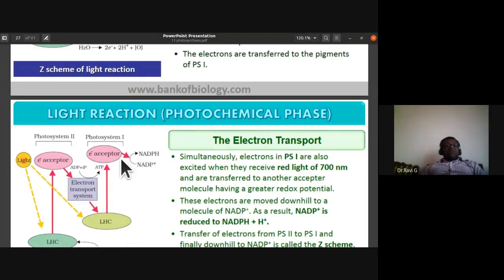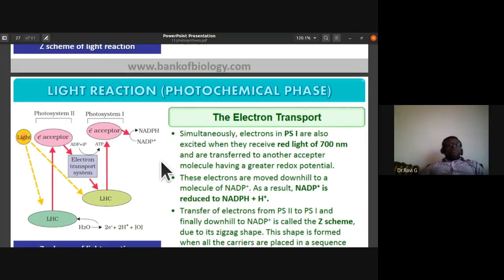These electrons are moved downhill to a molecule of NADP plus. As a result, NADP plus is reduced to NADPH plus H plus, that is NADPH2. The transfer of electrons from photosystem 2 to photosystem 1 and finally downhill to NADP plus is called the Z scheme due to its zigzag shape.